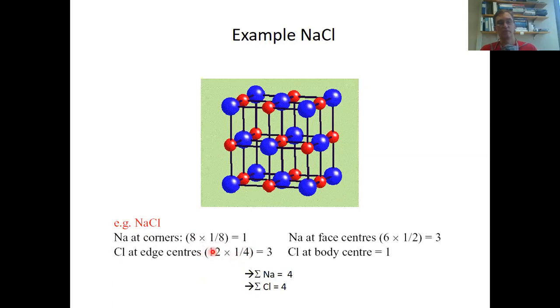So we have 12 of them that count for 1/4, and 12 times 1/4 gives overall 3. This one here, which sits at the body center, fully counts, and therefore counts for 1, and 3 plus 1 is equal to 4. So overall, we have 4 sodiums and 4 chlorines. The numbers of sodiums and chlorines obviously have to be the same, because otherwise we could not arrive at the stoichiometry of Na1Cl1.